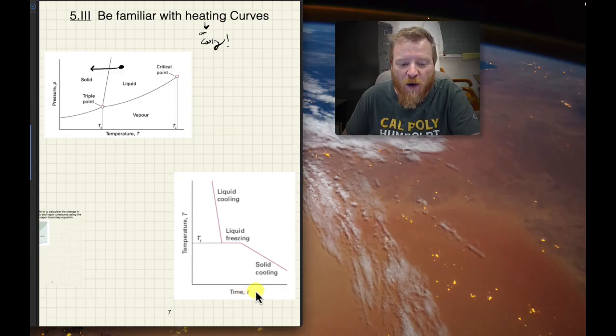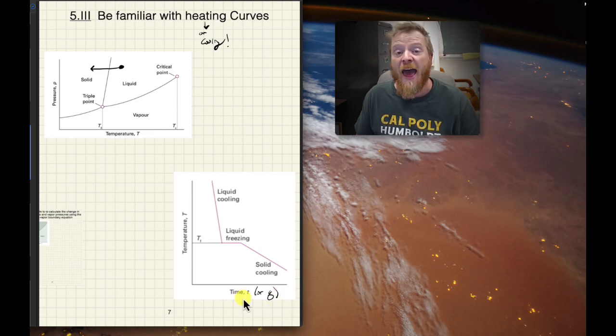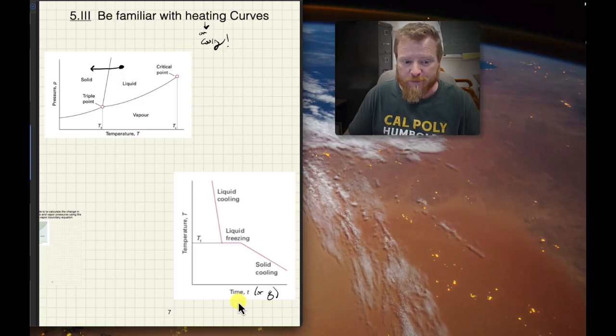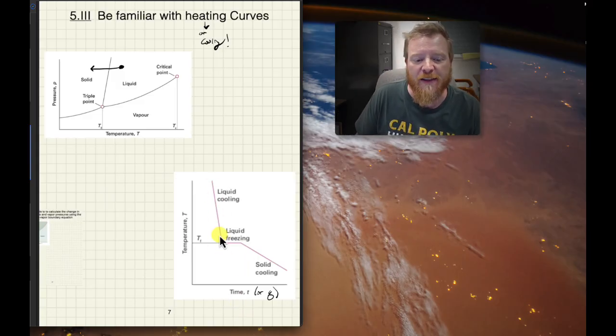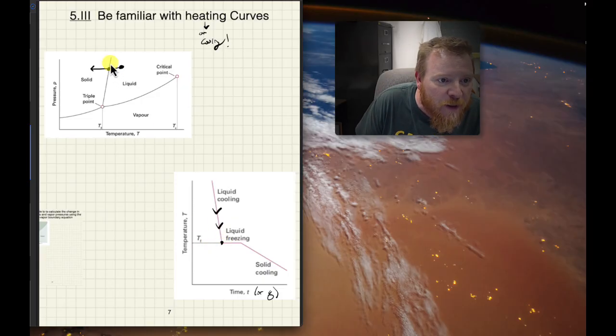But what we could also say is Q, because what's really going on in that time is that heat is being removed. So as we allow heat to be removed, let's suppose at some steady rate, my liquid will drop in temperature until it, of course, hits the freezing point, which would be this point right there on the graph, T freeze.